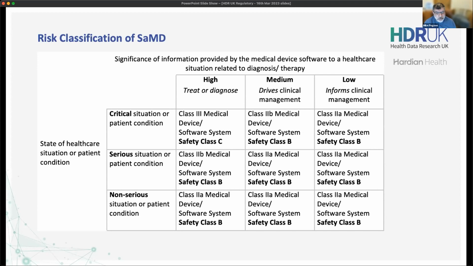So if a piece of software as a medical device is doing something like a PHQ-9 or GAD score, and it's transmitting it to a clinician, going back to my previous case, if the clinician can see the entire questionnaire, and it's quite a simple set of questions, and the way you calculate it is quite simple, you can do it in your head, so they see the entire answers of the patient, it's not necessarily a device.